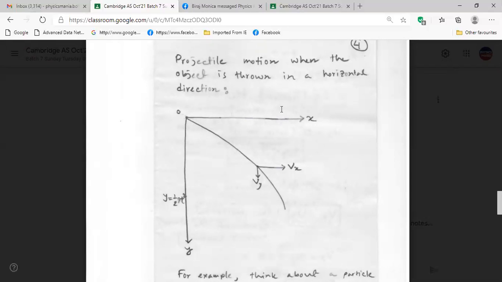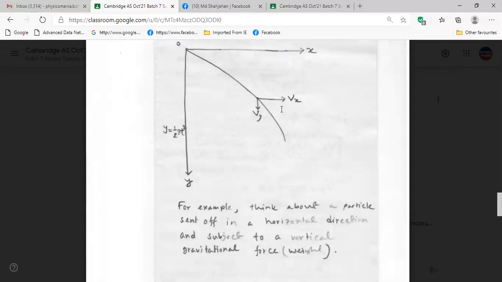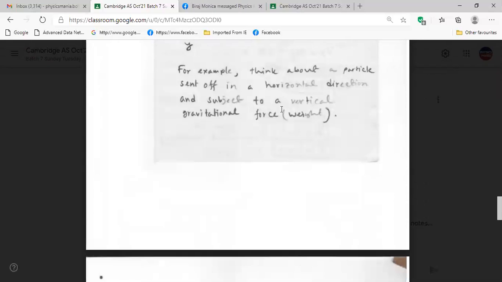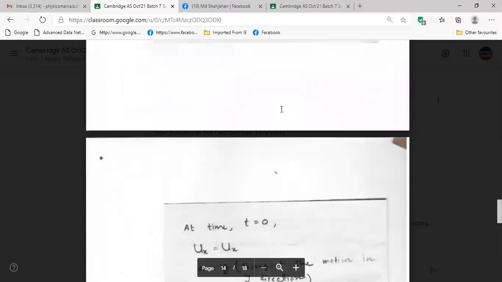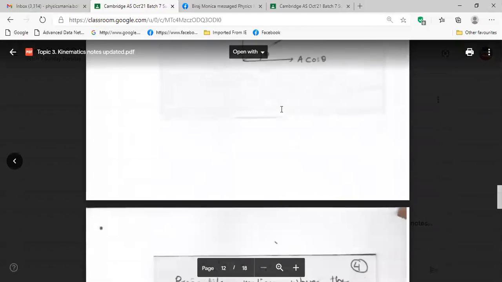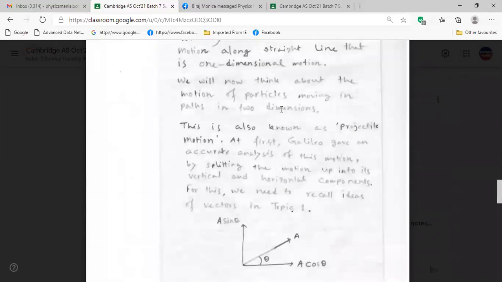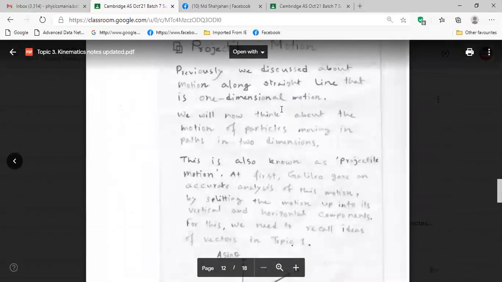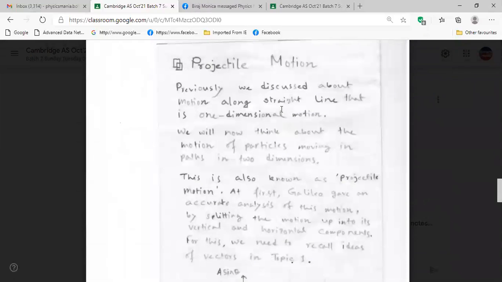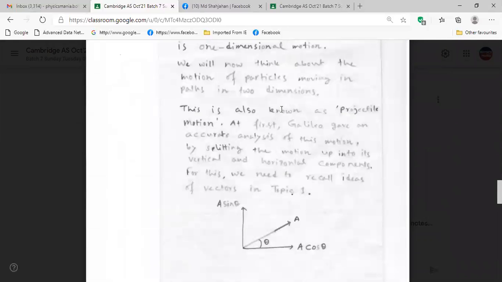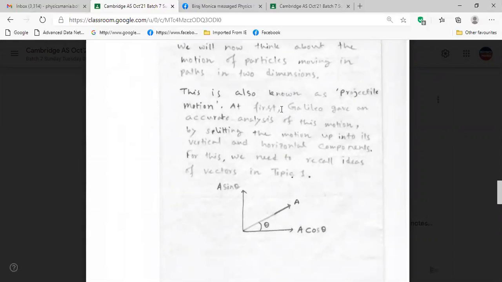This horizontal direction throwing, this part you also wrote. Look, projectile motion, this one is the introductory part, where we are only explaining what projectile motion is.